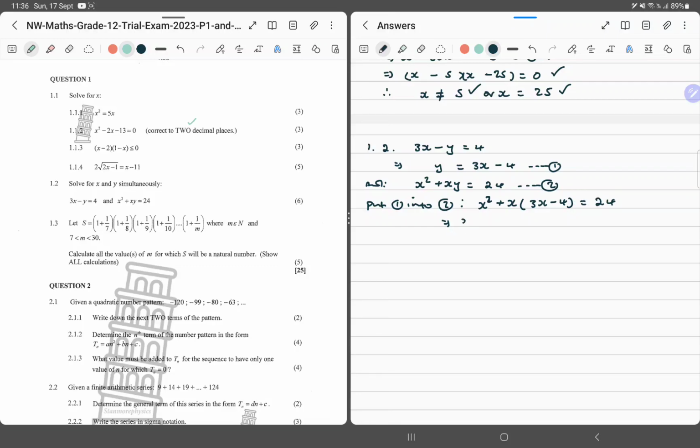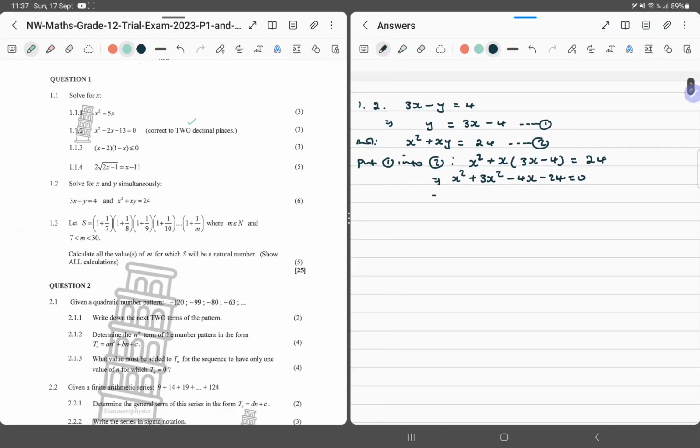This implies that we've got x squared plus 3x squared minus 4x minus 24 when you transpose the 24 to the one side. We're just trying to solve a quadratic here. So this is 4x squared minus 4x minus 24 is equal to 0. We can divide by 4.